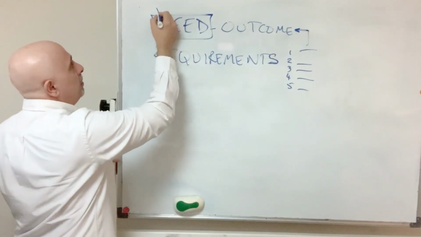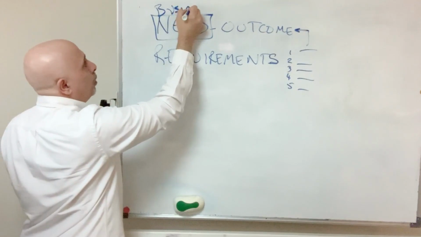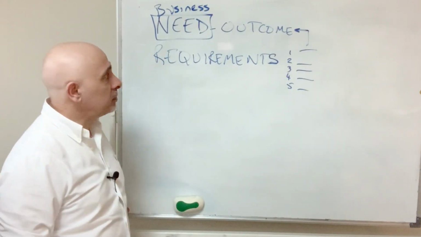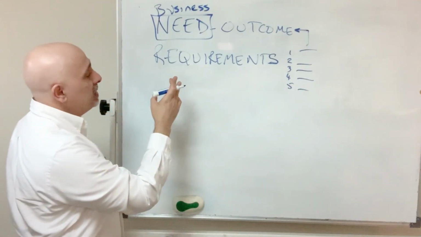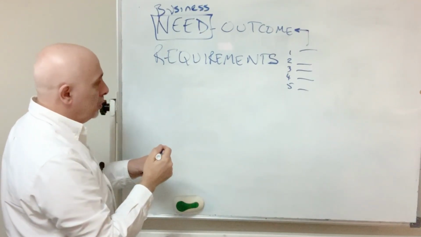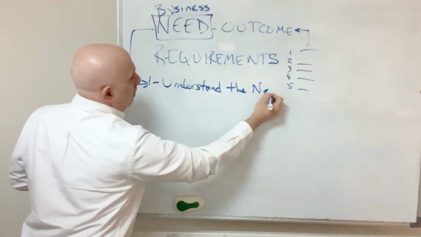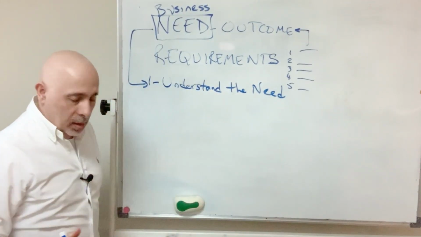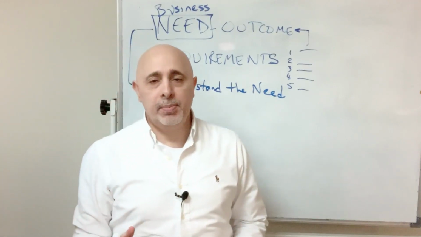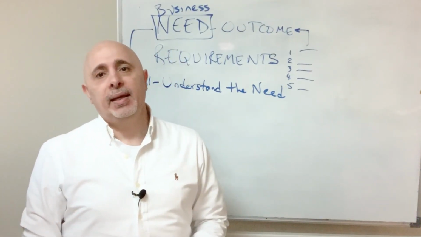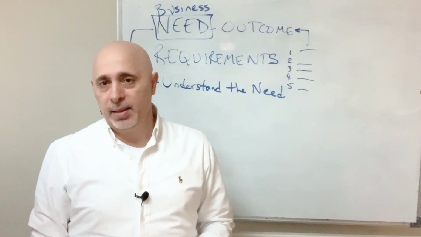So we start typically with understanding what is the business need for the organization. Okay, so starting with the business need, I'm going to make that my first step. Now, here's the thing. A lot of analysts and a lot of project managers rush quickly to try to find a solution, and that's a mistake.